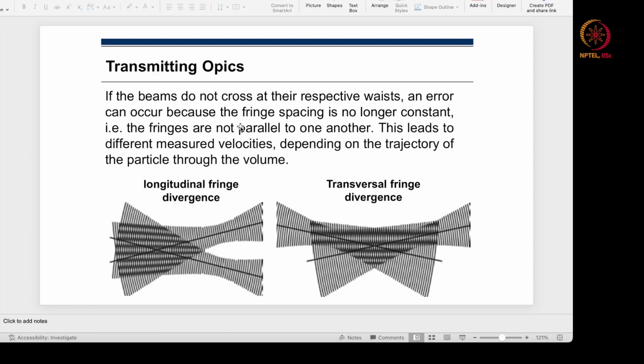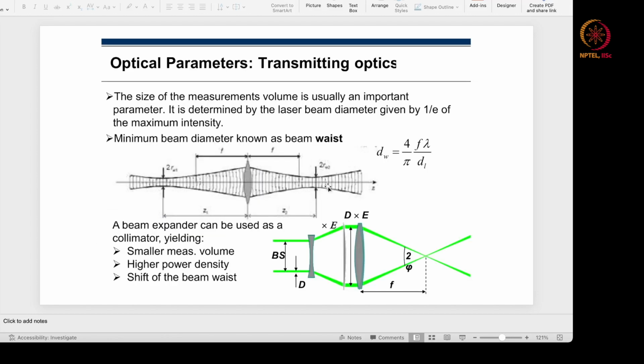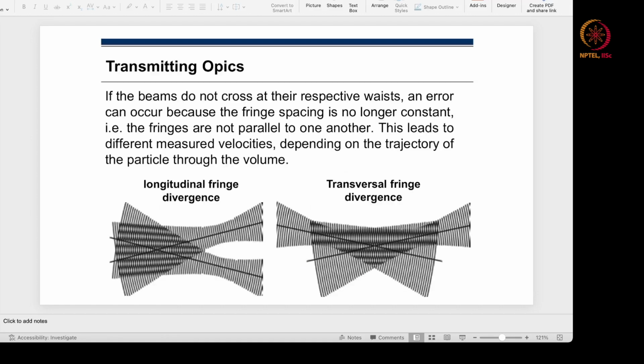This happens when the beams do not cross at their respective waists. So what are the waists over here? The respective waists will be shown in this particular plot here. So these are the respective waists that we are actually concerned about, right?